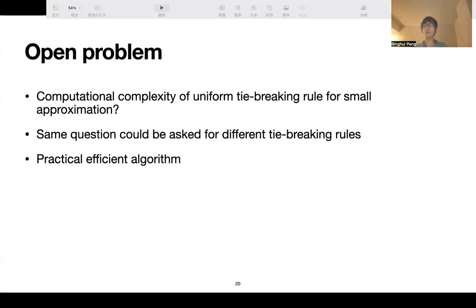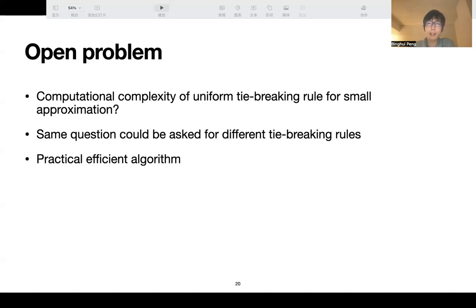At the end of the video, I want to give some open questions. The first question is the computational complexity of the uniform tie-breaking rule. In our paper, we give a PTAS, that is, we give a polynomial time algorithm when the approximation is some constant.